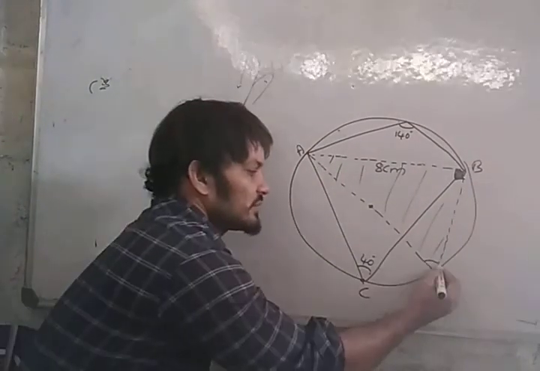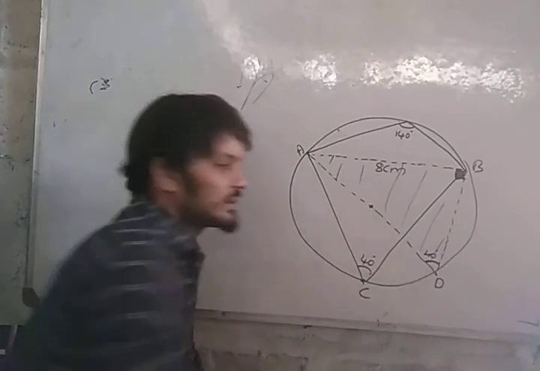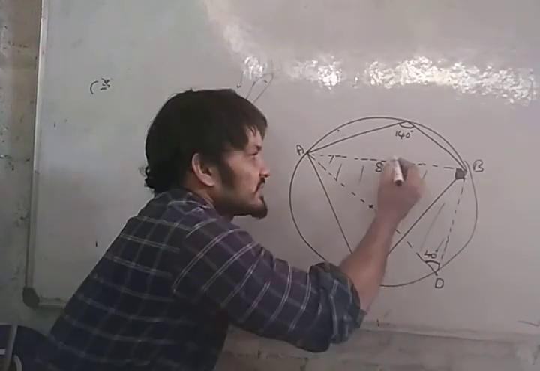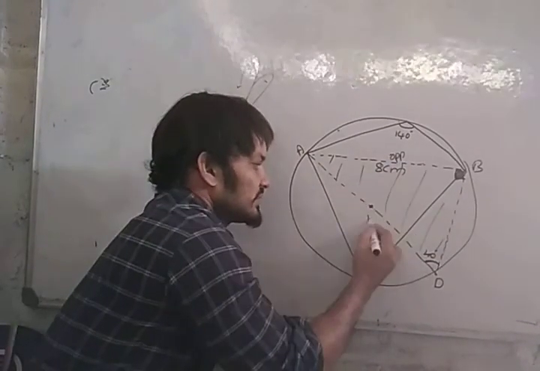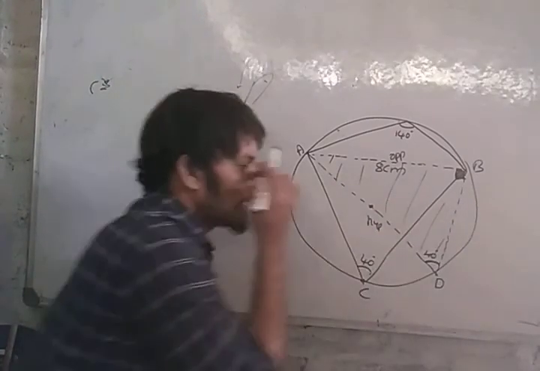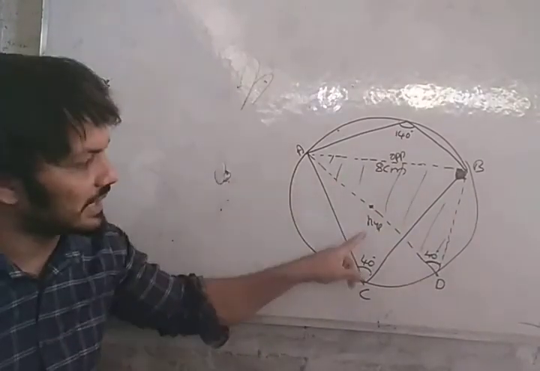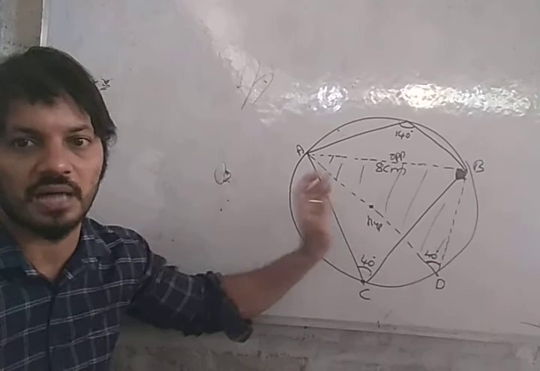It is 40, so here 40 angle in the same segment. This angle, this is opposite. This is the hypotenuse, 90 is opposite. We have to find opposite by hypotenuse. Hypotenuse getting means half of it is the radius.